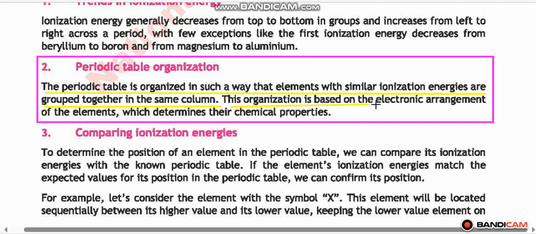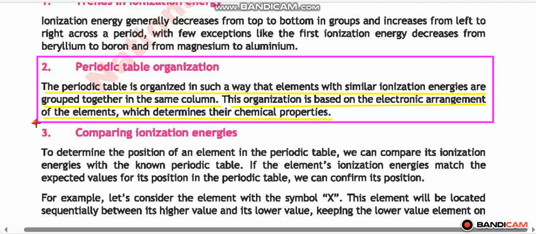This organization is based on the electronic arrangement of the elements, which determines their chemical properties. We can organize different kinds of elements in the same group if we know their ionization energies, and on the basis of these ionization energies, the scientists have organized the periodic table.